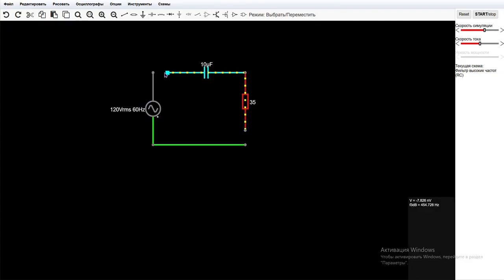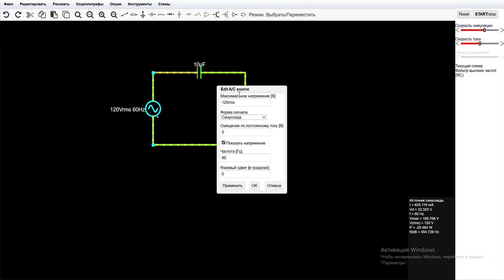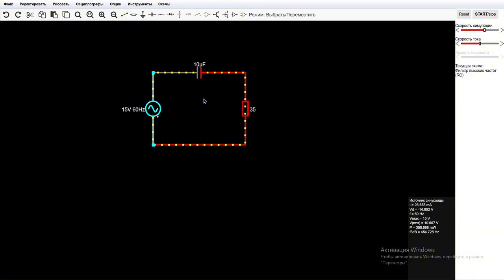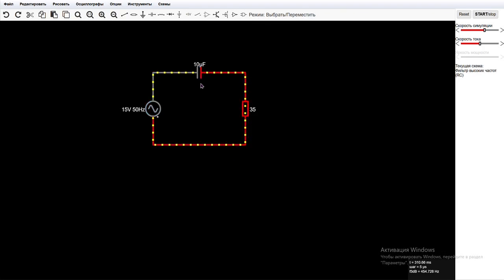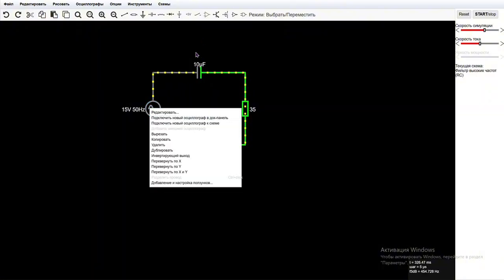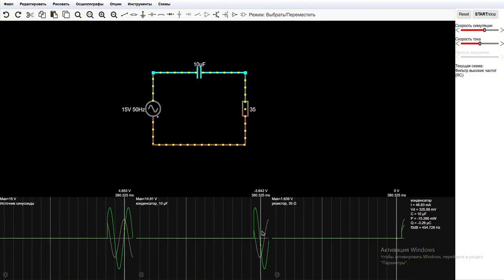Okay. So now we have a simple serial circuit. Since we only know this value, our maximum source voltage is 15, and let me change the frequency to 50. We don't actually know the values of the capacitor and resistor, so we need to just tune it ourselves. Let me show its graphs.